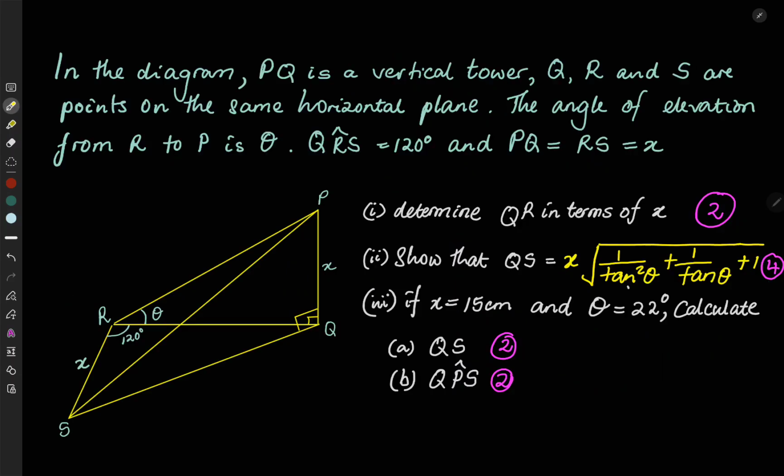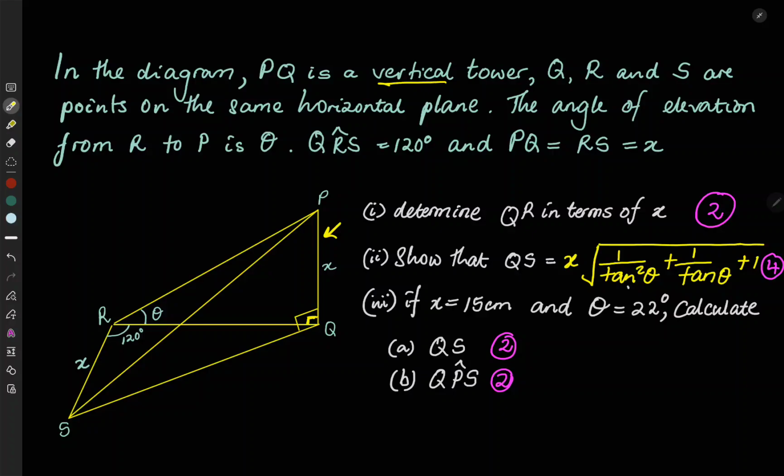Right. So this question is actually a typical examination question. In the diagram, PQ is a vertical tower. Why do they say that it's a vertical tower? They say it's vertical because that will make 90 degrees with the horizontal. So this PQ right here is vertical, and you can see that it makes 90 degrees with RQ. Then Q, R, and S are points on the same horizontal plane.